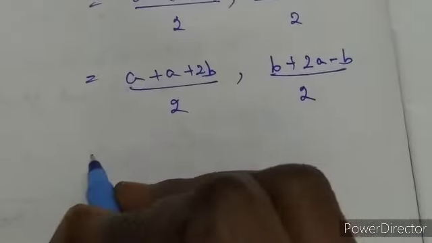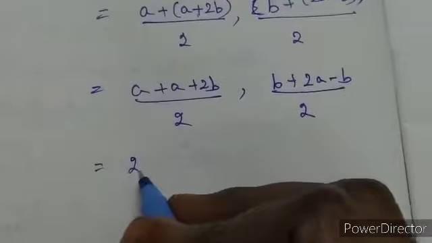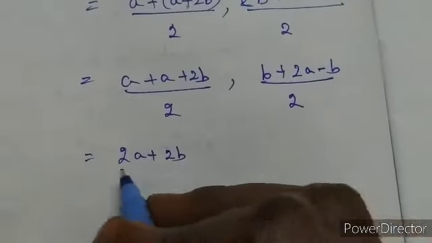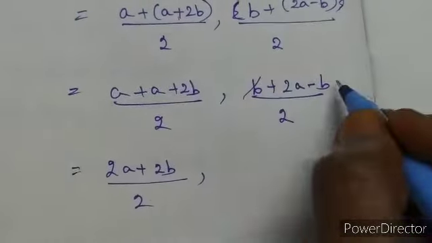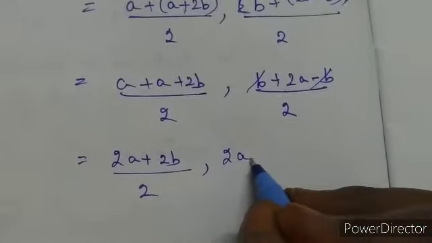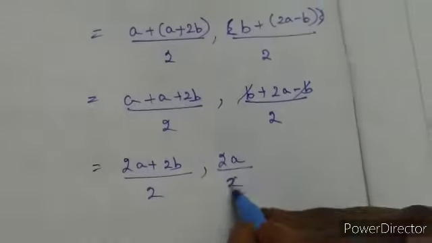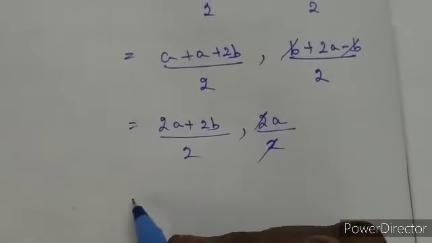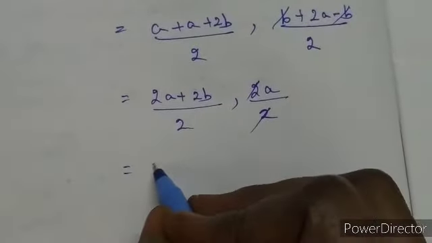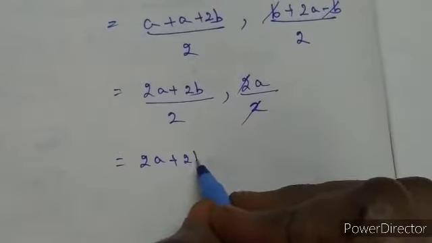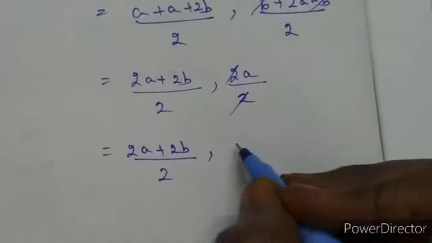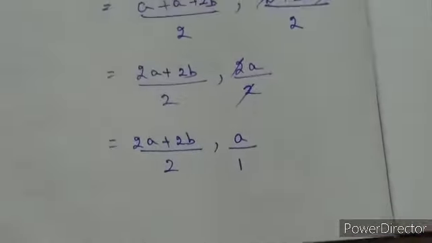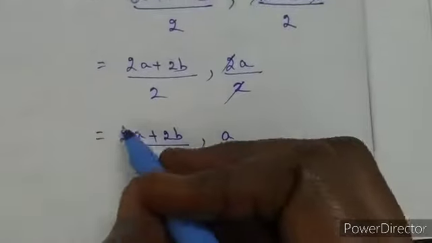Here a plus a is 2a, plus 2b, divided by 2. And b minus b we can cancel. So 2a divided by 2, here we can do the cancellation. Now it is 2a plus 2b by 2, and a divided by 1 is a.